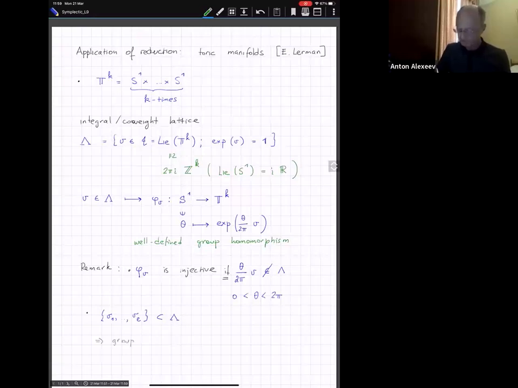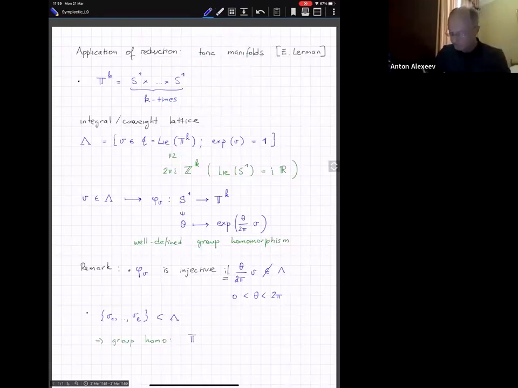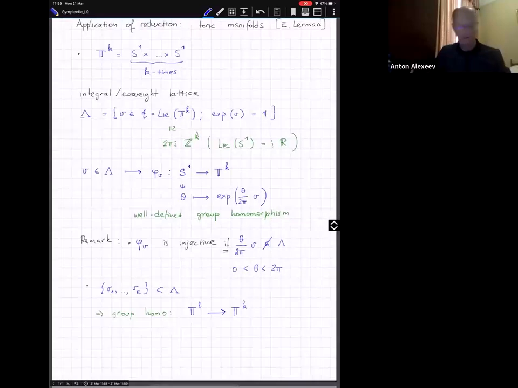So they define a group homomorphism from T to the power L to T to the power K.